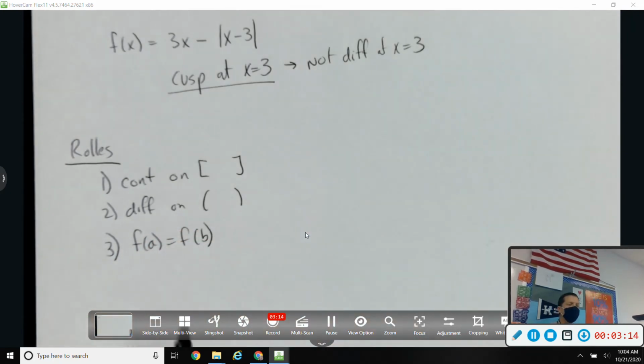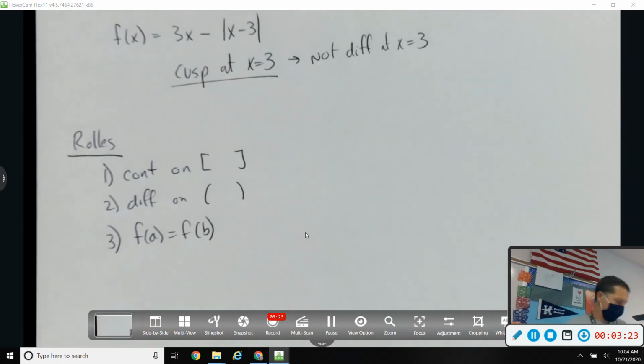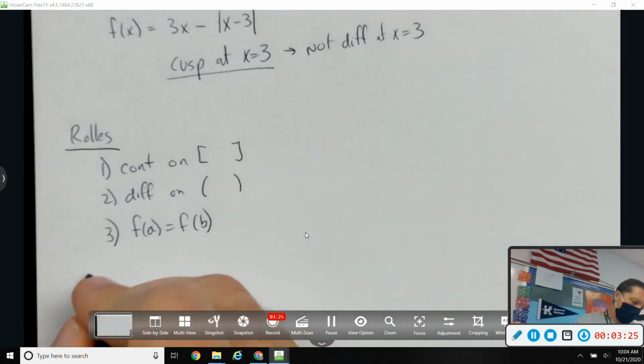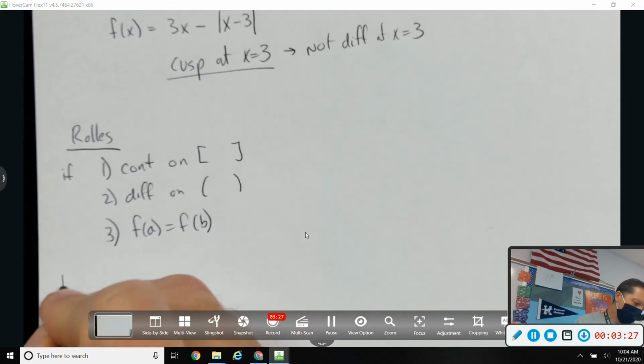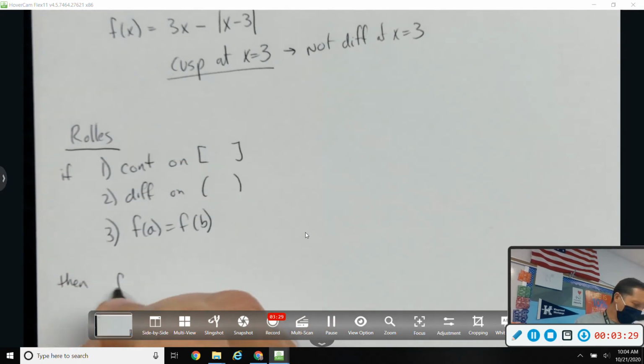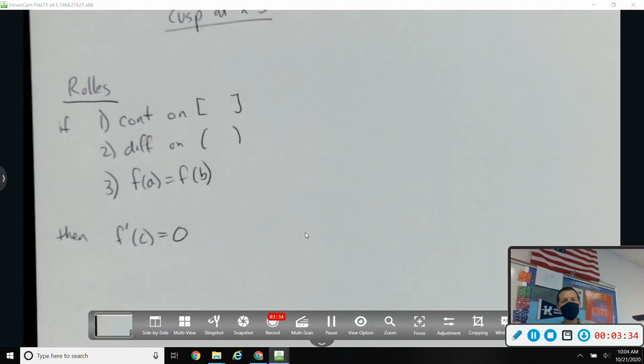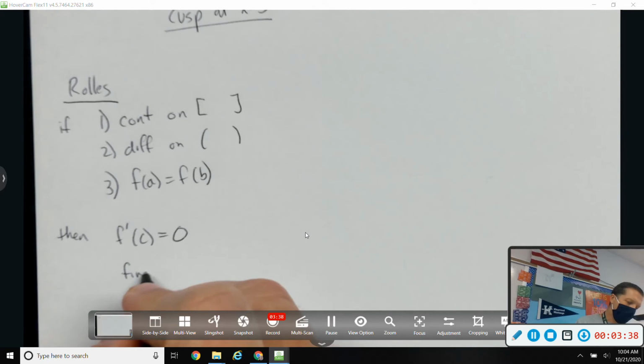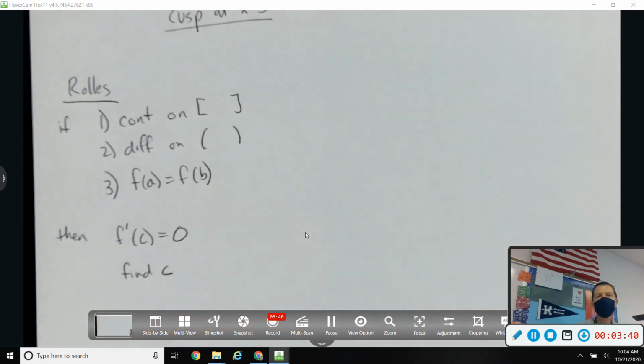In fact, that was the very first thing we did on that worksheet yesterday. You put 2 y points that had the same value, and therefore you ensured that Rolle's happened. And if all that stuff is true, then somewhere the derivative is equal to 0. And your usual job is to find the somewhere, find c.